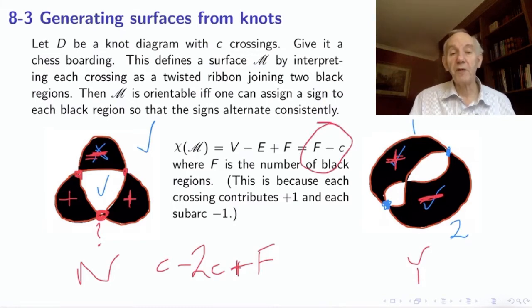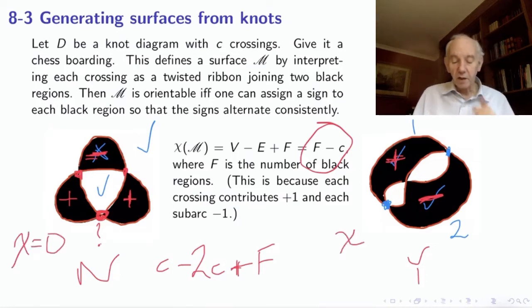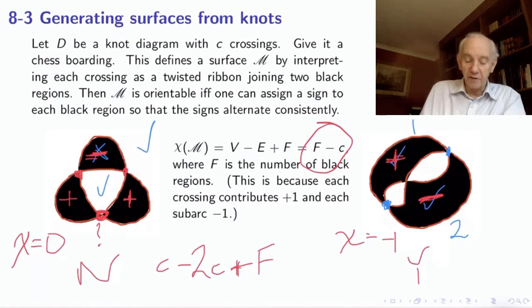If we apply that formula on the left-hand side, we have 3 minus 3. Of course, both diagrams have 3 crossings. So the answer would be 0. So here the Euler characteristic is 0. And here the Euler characteristic would be 2 black regions minus 3 crossings, so that's minus 1. On the other hand, these surfaces both have a single boundary component, so they both have r equal to 1.